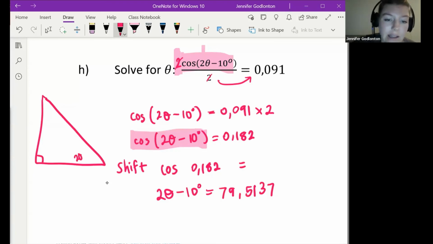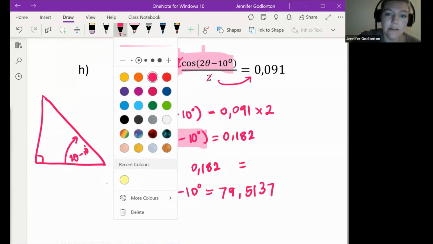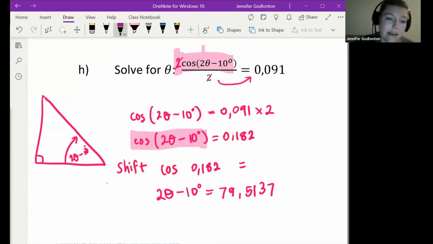This is saying that that whole angle that we care about is 2 theta minus 10 degrees. And so when we use our calculator, we're saying that this whole angle is 79,5137 degrees. And now we want to find out what theta is.